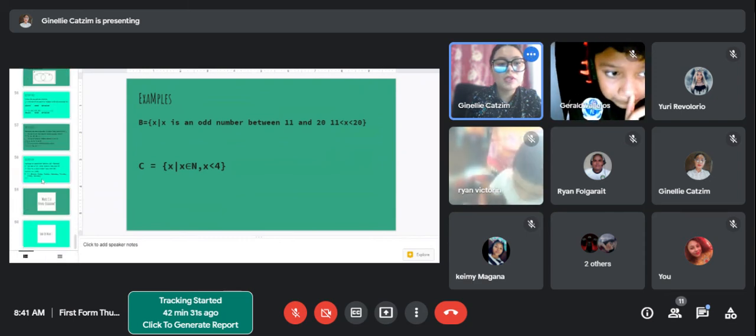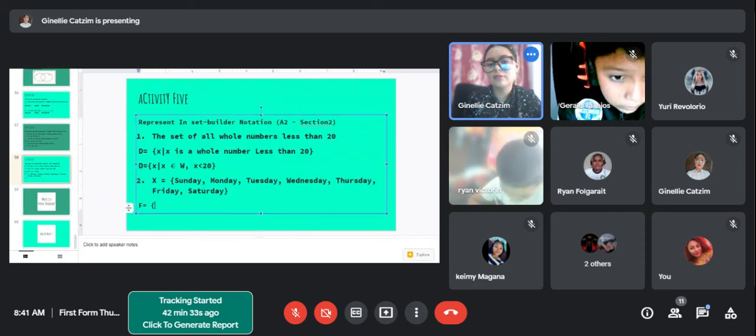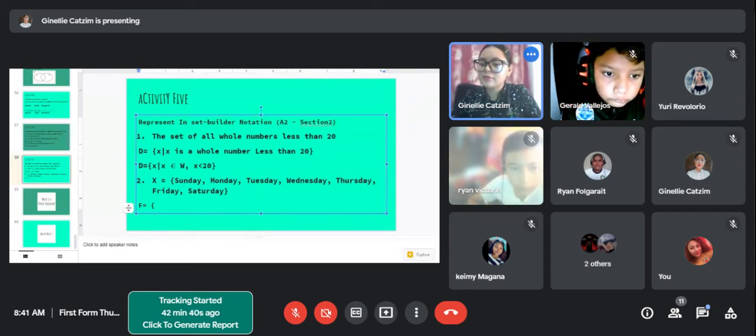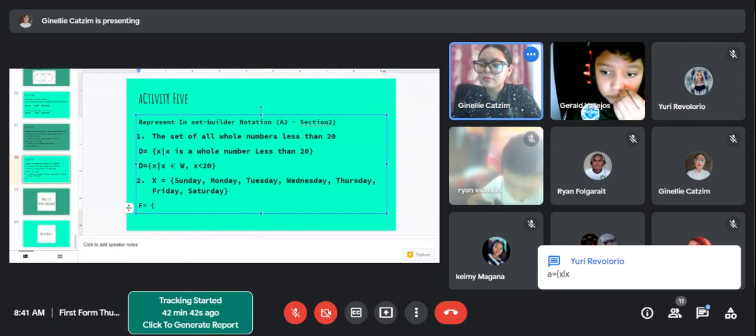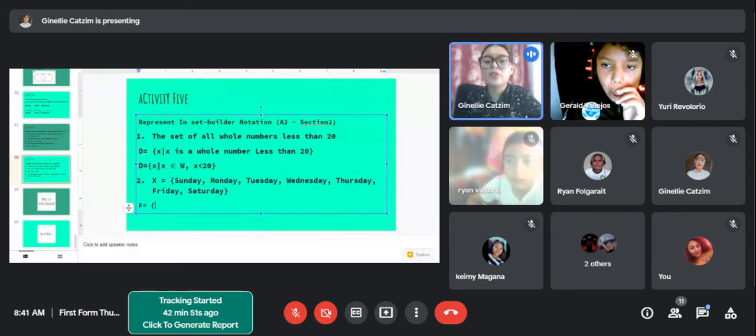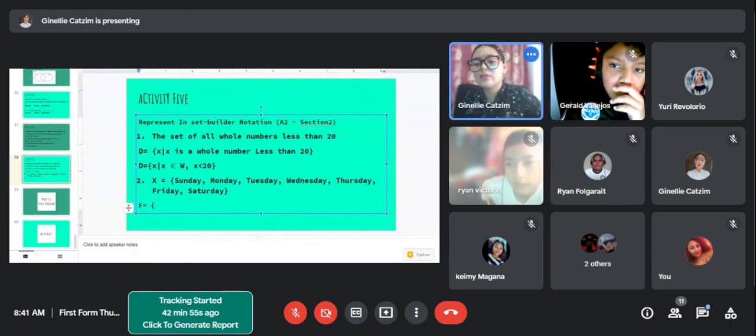How would we represent this one? What are the things listed there? It's X, yes, but what could be used to describe this set?